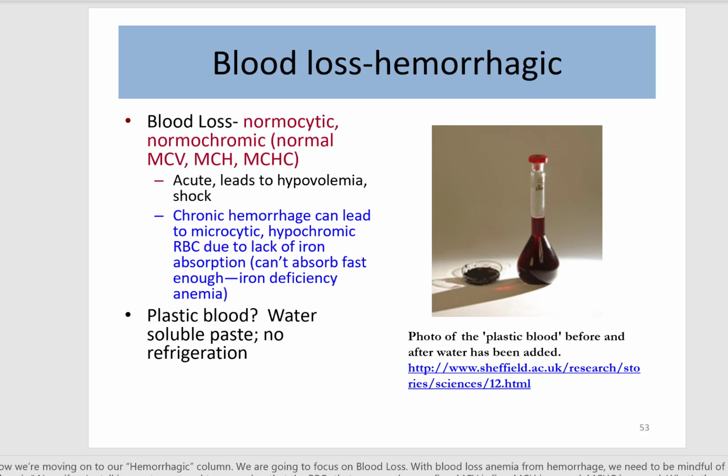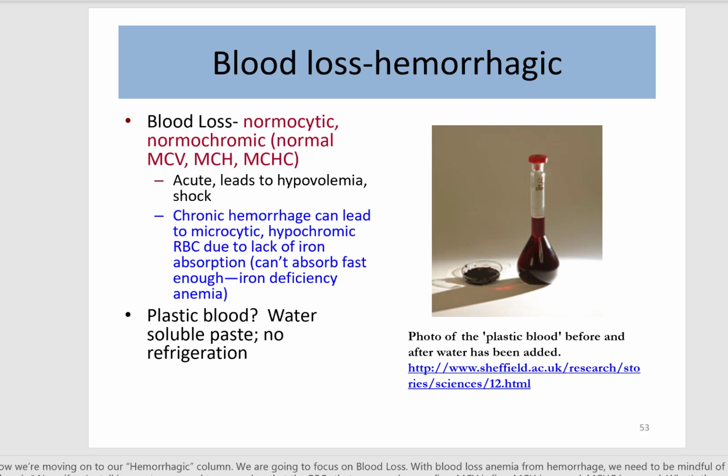But let's say you have a slow bleed. Let's say you have a very strong menstrual cycle if you're female, or maybe you have a bleeding ulcer. When you have a chronic hemorrhage, this no longer is in the category for blood loss. When you have chronic blood loss, it actually tips into the category of inappropriate red blood cell synthesis.